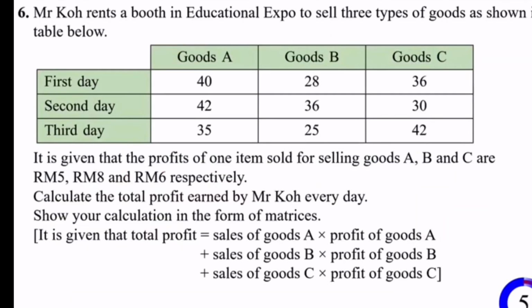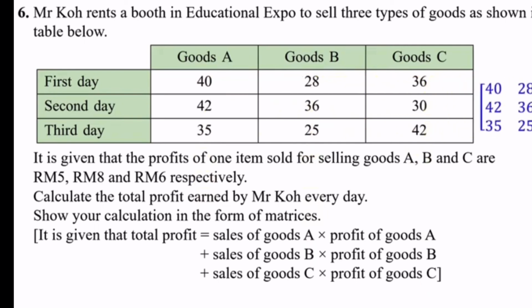Alright. So question number 6. Let's discuss question number 6. Mr. Cole rents a booth in Educational Expo to sell 3 types of goods as shown. The goods A, goods B, and goods C for first day, for second day, and for the third day in a table form.